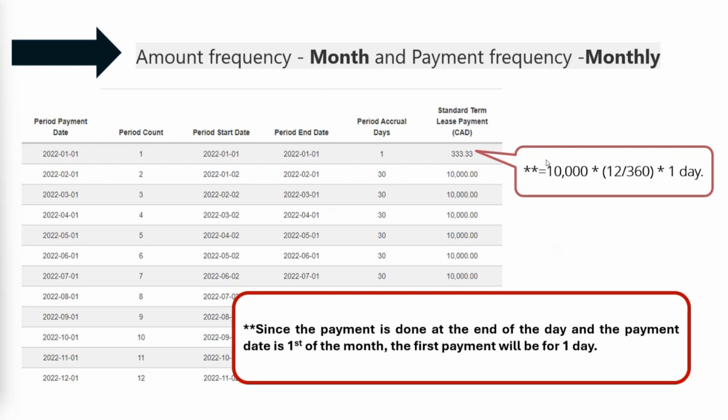We get the amount for a day by first getting the amount for a year, dividing it by 360, and multiplying by 1 to get the per day amount. From the second payment, we will have 30 days, hence it will be multiplied by 30 to get 10,000.